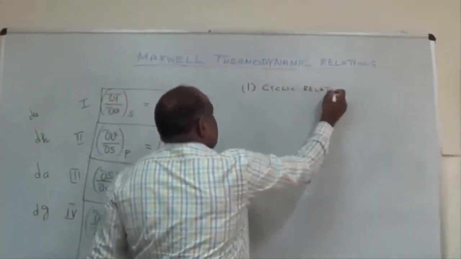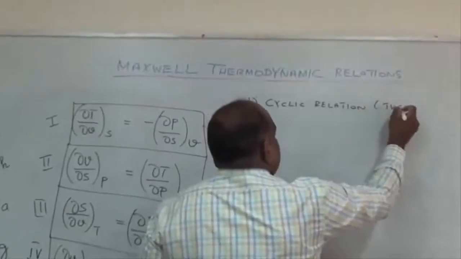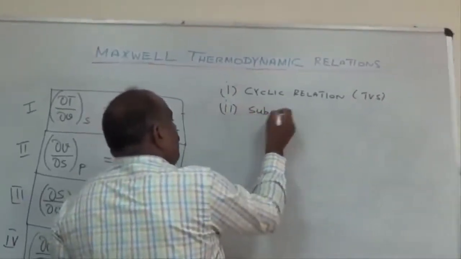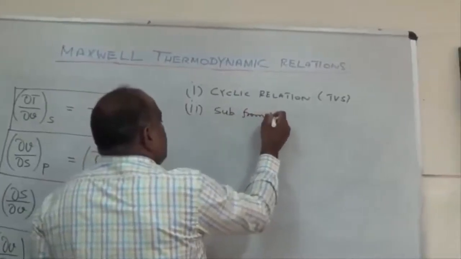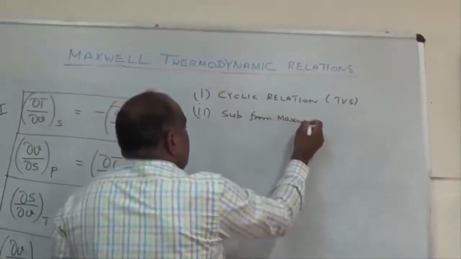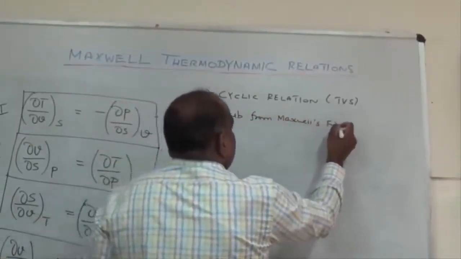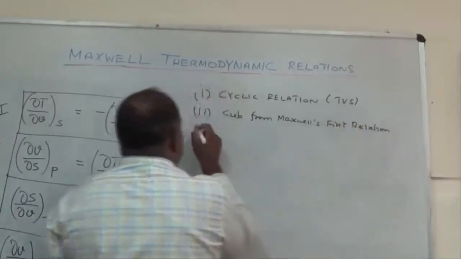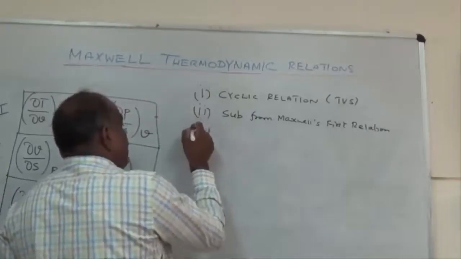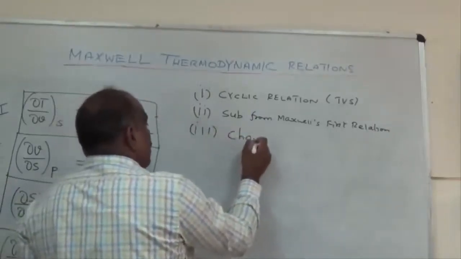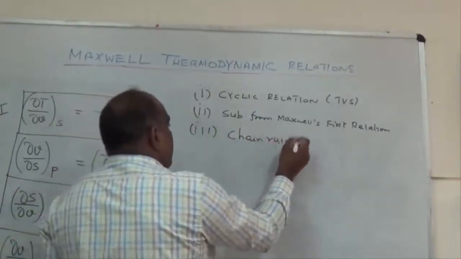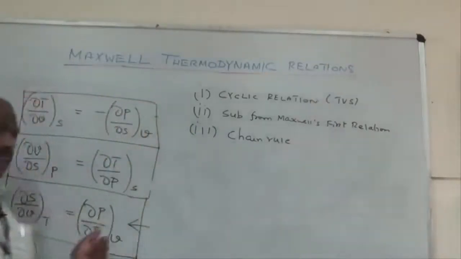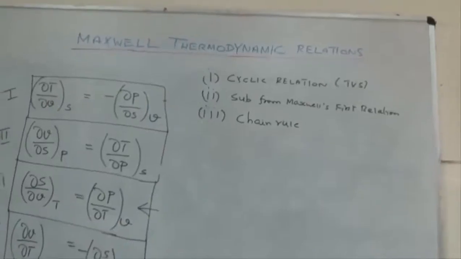The cyclic relation is obtained for T, V, S. Then we substitute some term from Maxwell's first relation. Then the third step is we make use of the chain rule. When we completed the three steps, we ended up with Maxwell's third relation.